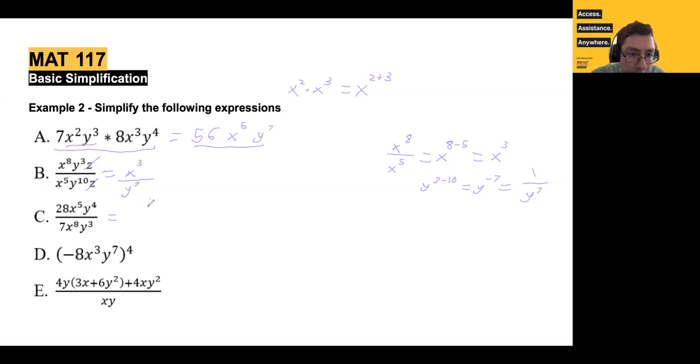All right, as a fraction, 4 over x to the third stays on the bottom. And y to the fourth over y to the third. A y to the first remains on the top. I'll just put the 1 there for emphasis.